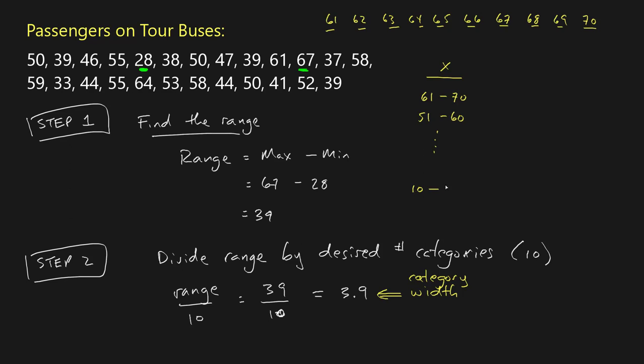So this would be from 10 to 13.9, which is a really awkward sort of category. And it's not the sort of thing that really works with the idea that we want our table to be something that's easy to glance at and quickly digest. So even though we might get a number like 3.9 out of the mathematics here when we divide the range by 10, we're not going to stick with this number. This is where the next step comes in.